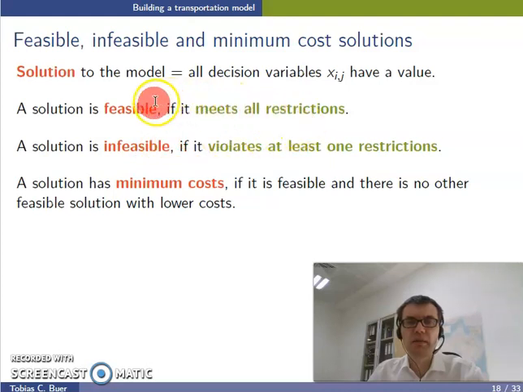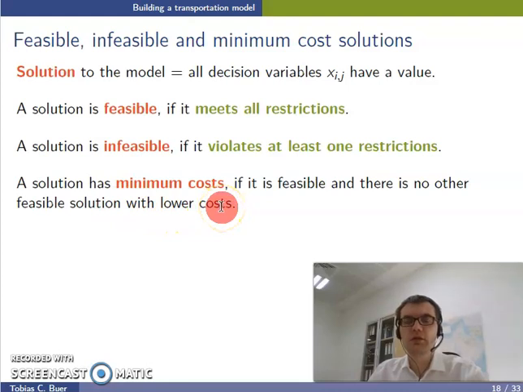There are many solutions that fulfill these restrictions, these constraints. However, we have an objective function to measure the consequences of a solution, and now we are interested in an optimal solution. In this case, optimum means a solution that has minimum costs, and a solution that has minimum costs is a feasible solution, and there's no other feasible solution with lower costs.